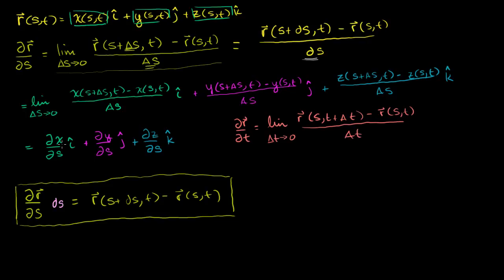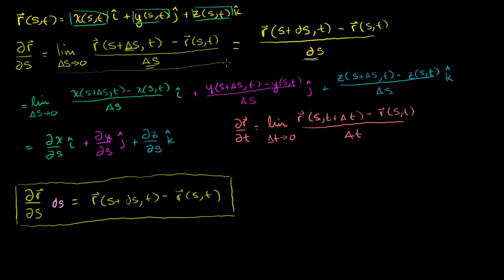This is equal to the partial of x with respect to t, i plus the partial of y with respect to t, j plus the partial of z with respect to t, k. Same exact thing. You just kind of swap the s's and the t's. And by that same logic, you'd have the same result, but in terms of t.